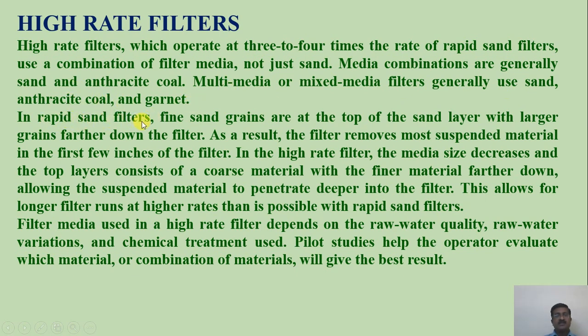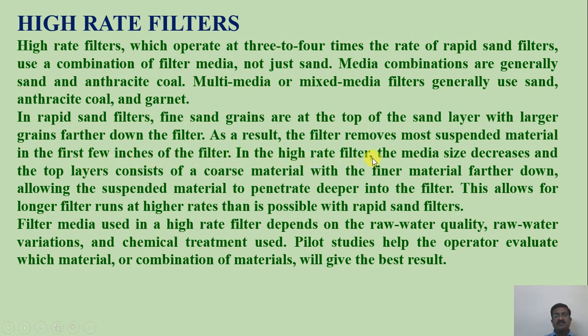In rapid sand filters, fine sand grains are at the top of the sand layer with the larger grains further down the filter. As a result, the filter removes most suspended material in the first few inches of the filter.